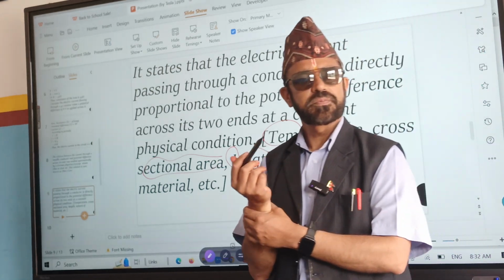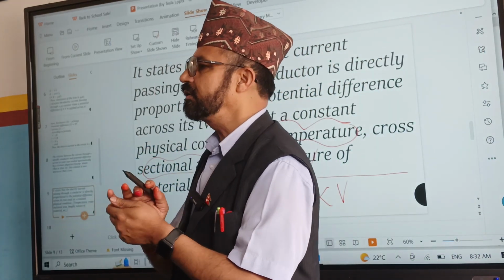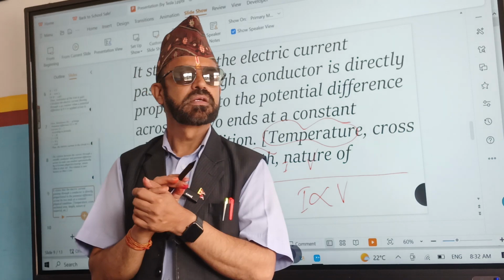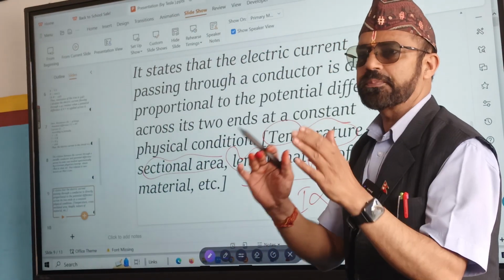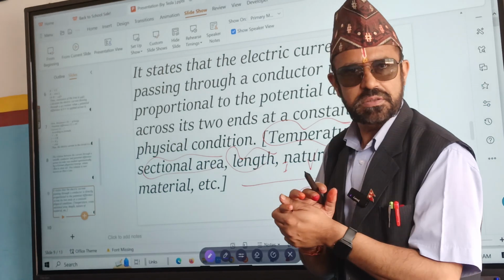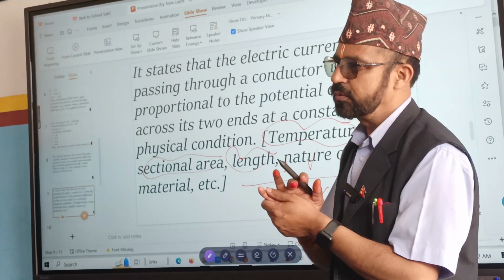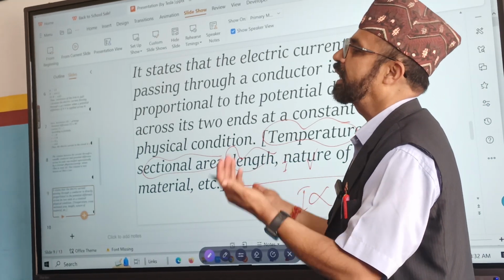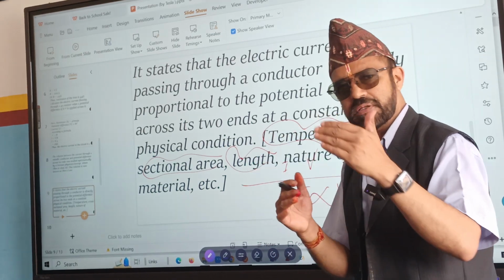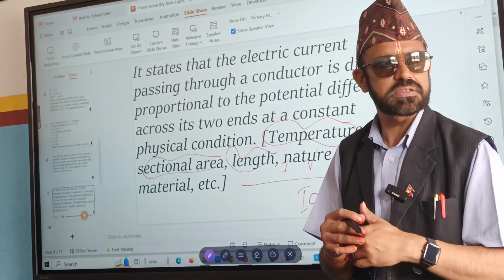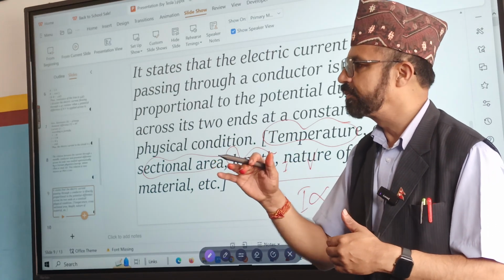Yesterday we discussed good conductors, semiconductors and insulators. You tell me, can current pass through an insulator? No. So it has very high resistance, isn't it? But if the current is allowed to pass through a semiconductor, its flow will be a little bit more, isn't it?